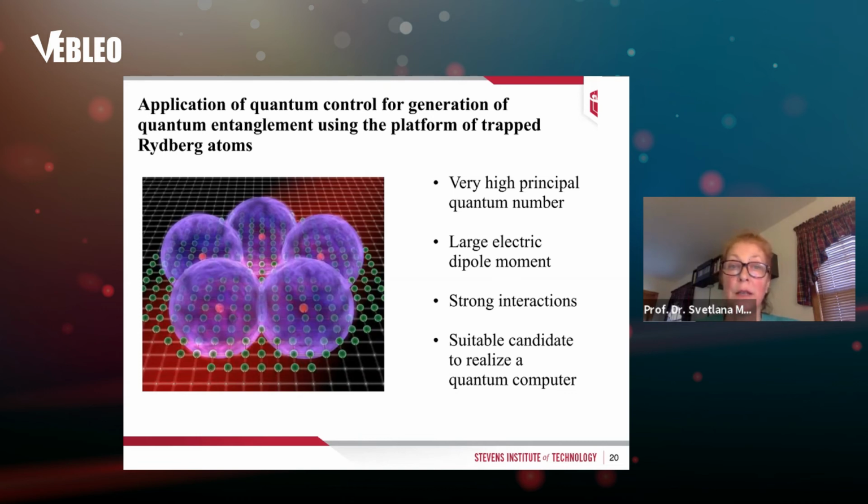This results in a strong induced dipole moment. And such Rydberg atoms are strongly interacting with each other through this dipole interaction or through a weaker van der Waals type of interaction. Such systems are certainly strong candidates for quantum computation and have been explored heavily in recent years in this direction.